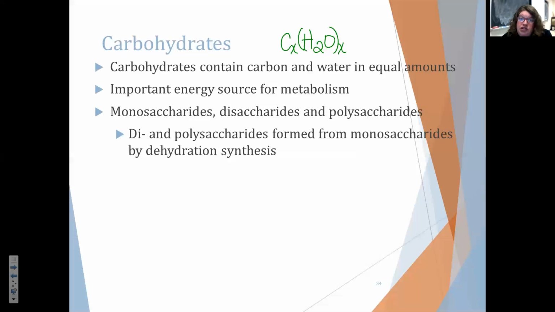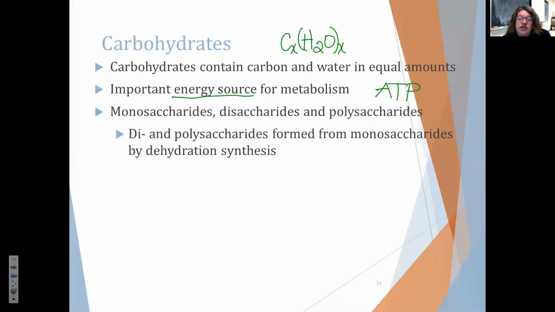The way humans use carbohydrates is as an energy source. There's a whole process by which we take the electrons that are in these atoms and use them to form something called ATP, which is a molecule that has a lot of energy stored in it. And then we can use ATP for cell function and cell work.